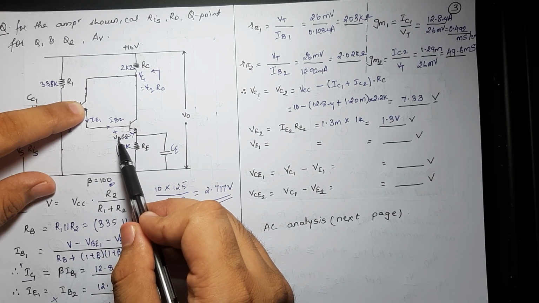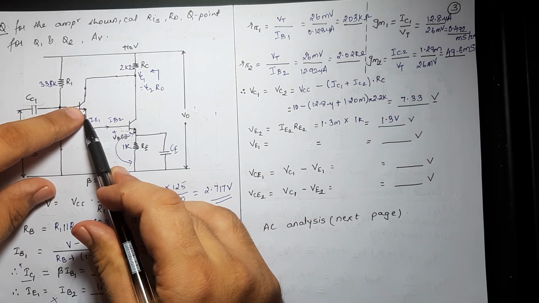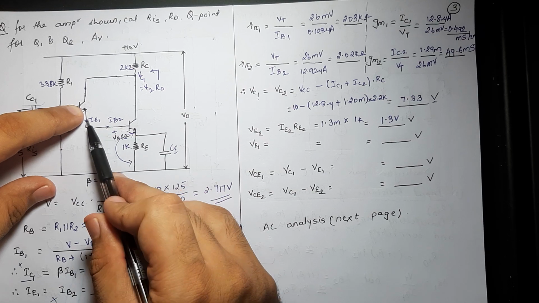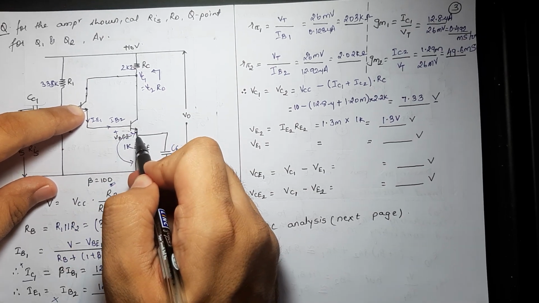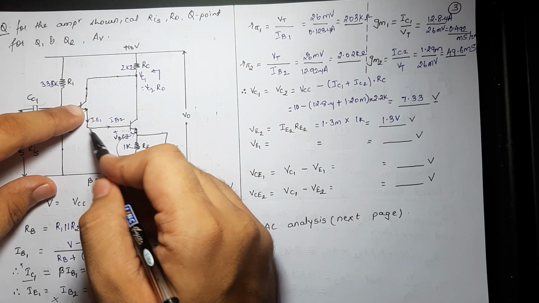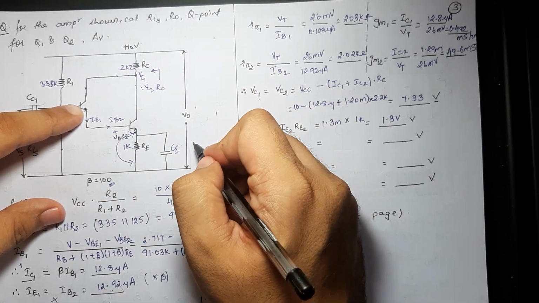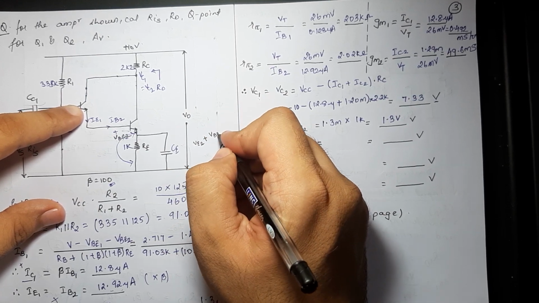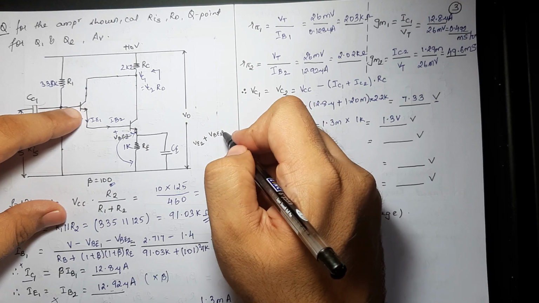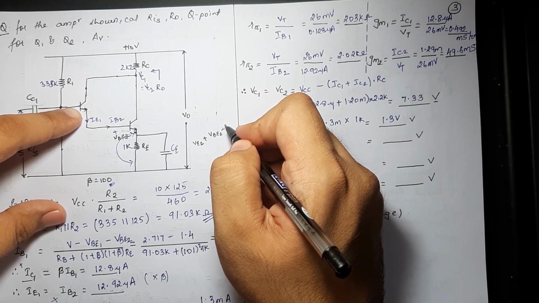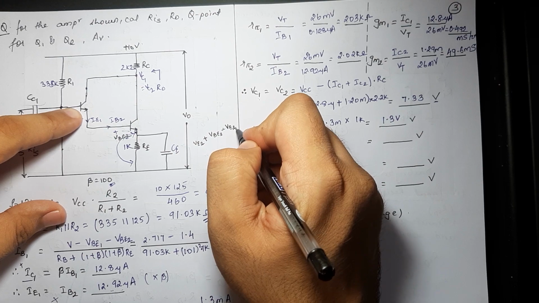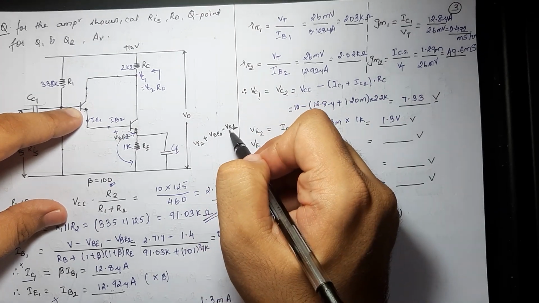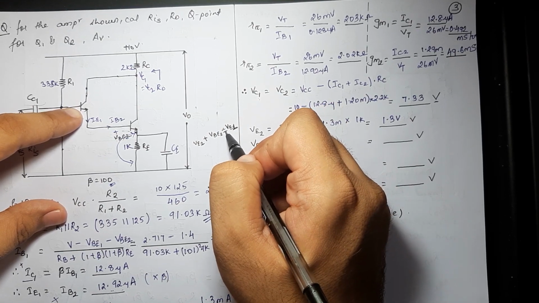So if I want to go from this point to this point in terms of voltage, VE1 is nothing but VE2 plus 0.7 volt, since I am starting my journey from this point and ending my journey at this point. So the logical equation would be VE1 equals VE2 plus VBE2. Sorry, my bad. If I take the minus sign on that side, we have an equal to over here.